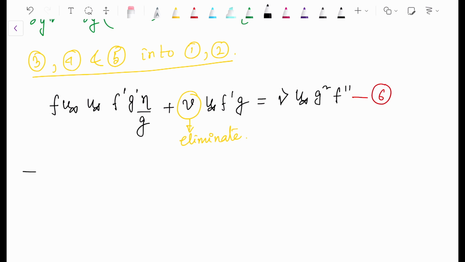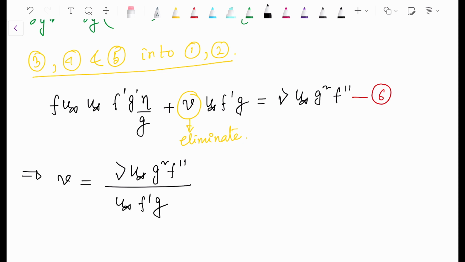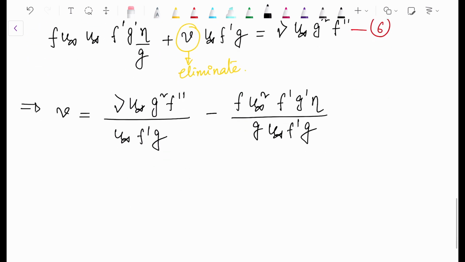Okay, so then I can have v equal to g square f double dash by u f dash g minus f u infinity square f dash g dash eta by g by u infinity f dash g, right. Let me do the cancellation with another color.